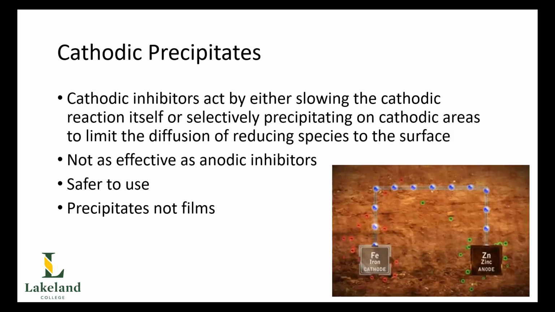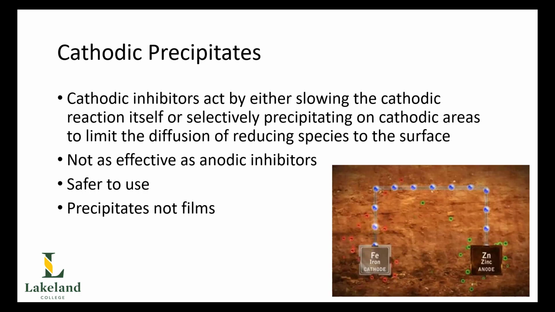Okay, the next one to quickly mention are cathodic precipitates. Cathodic precipitates basically inhibit or interfere with the reaction between the anode and the cathode. As we've talked about previously, with regards to the anode and cathode sites, our electrons are going to be flowing from the negative anode to the positive cathode.